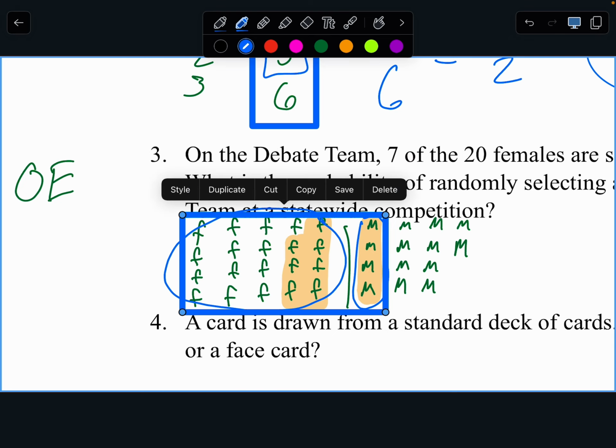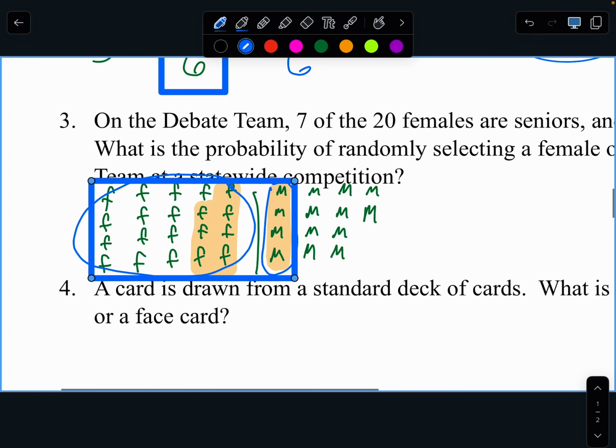What we find is that there are 24 favorable selections, 24 students who are either a female or a senior, so they fit the category, and there are a total of 34 students. 24 of these students are a senior or female out of 34 total students.